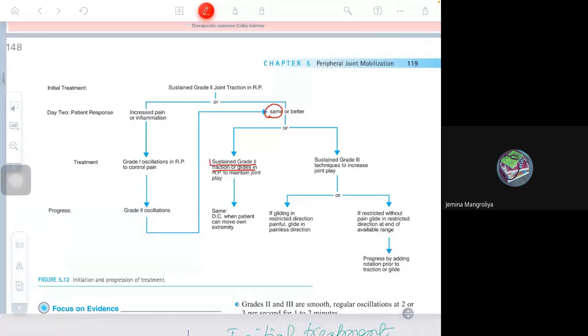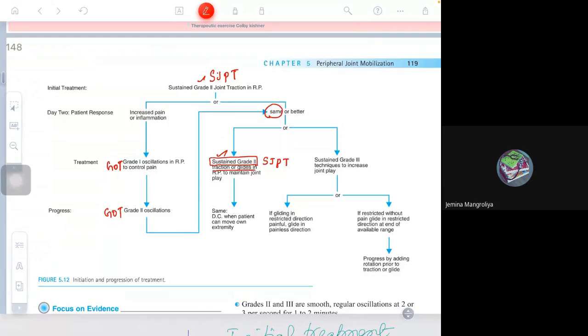Sustain means SJPT. Clear? This is graded oscillatory technique, and here sustain SJPT. You are repeating the same here. Sustain grade 2, sustain grade 2. Both are same. Clear?